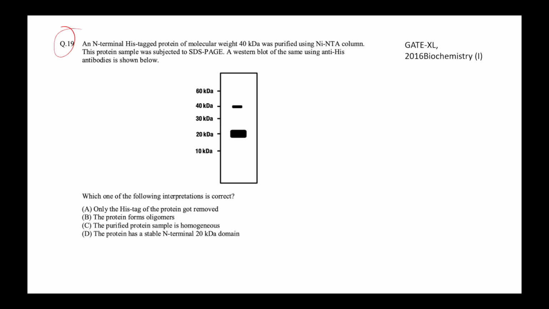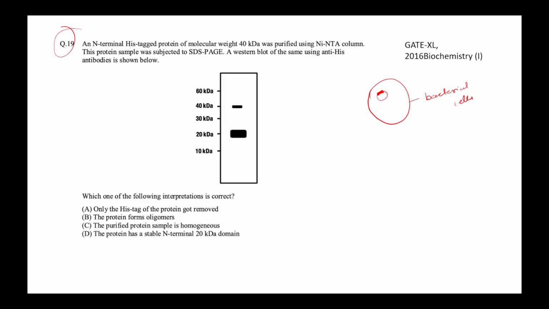Generally, we perform many heterologous expressions of proteins. Suppose I'm working on a human protein and I need that protein to perform several assays. I put the gene sequence of that protein inside the bacteria. So this is a bacterial cell, and inside it I put the gene of my desired protein, my gene of interest.